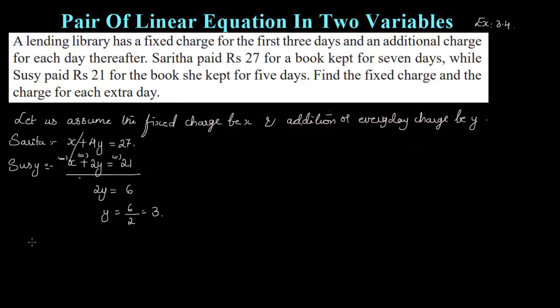Now let us find the fixed charge. So substitute y in equation 1 or equation 2; any one of the equations you can substitute. If I am taking the first equation, then x plus 4 into y. How much have you got for y?